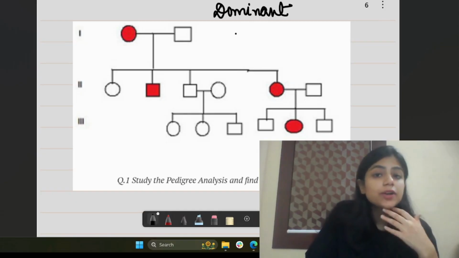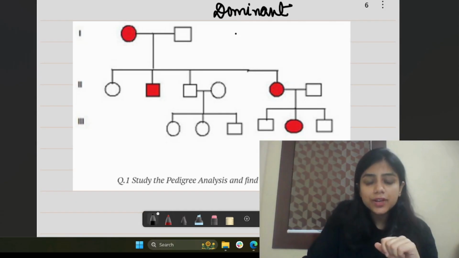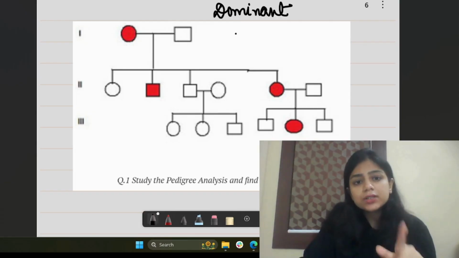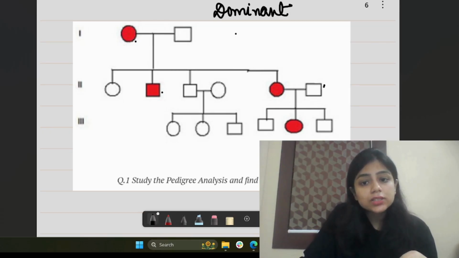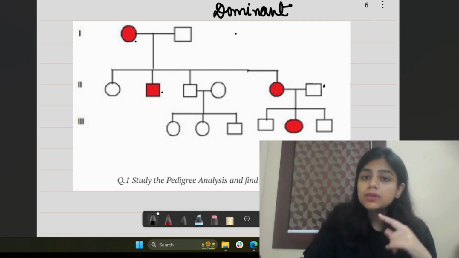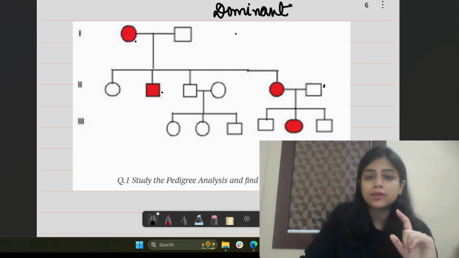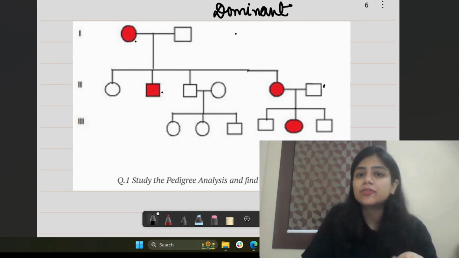However, whether it is sex linked or autosomal, you know very well that from the mother, the male child is affected. That is fine. But in this case, the father is unaffected, but the child has got affected. If you remember, sex linked is a crisscross inheritance. That means the father has to be affected in order for the female to get affected.